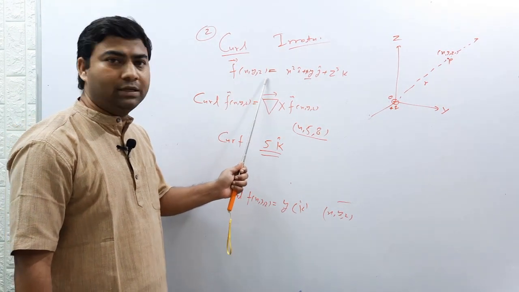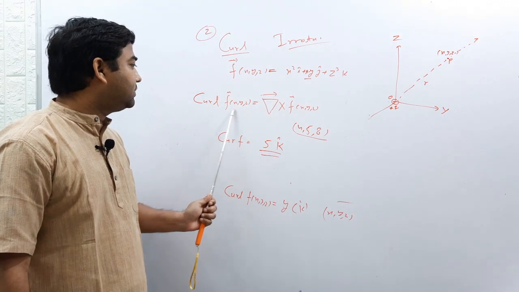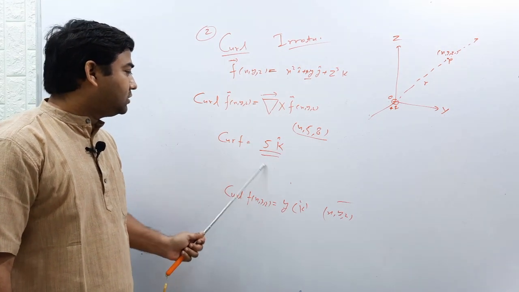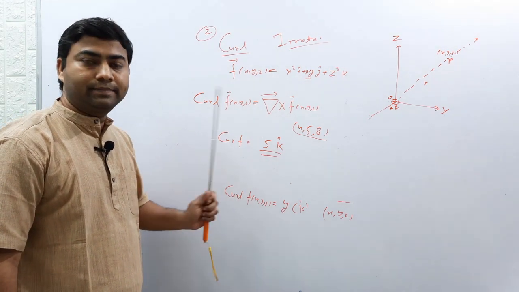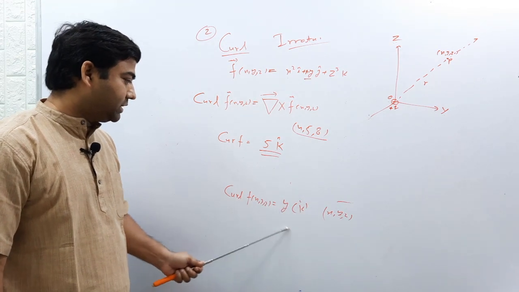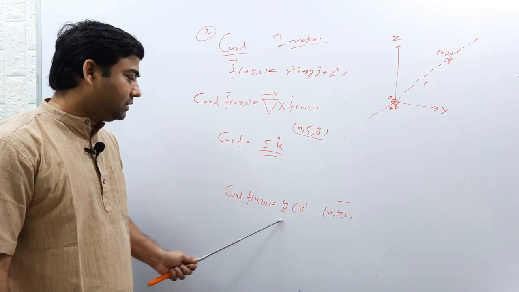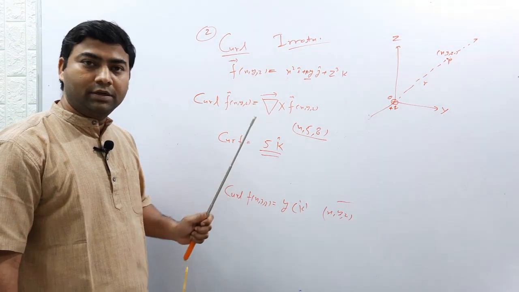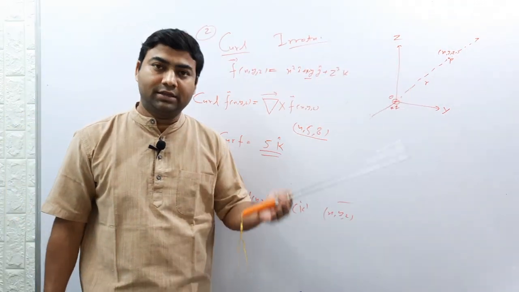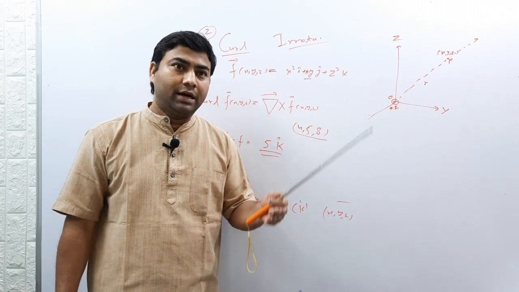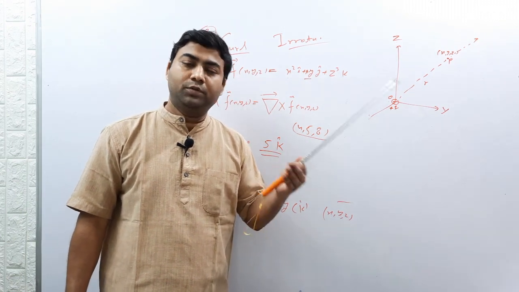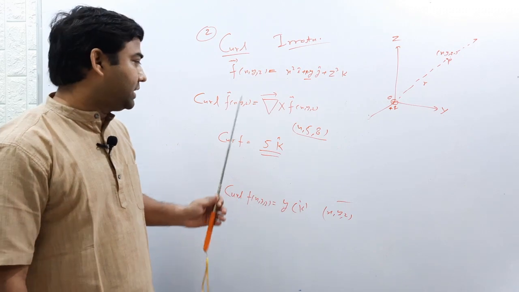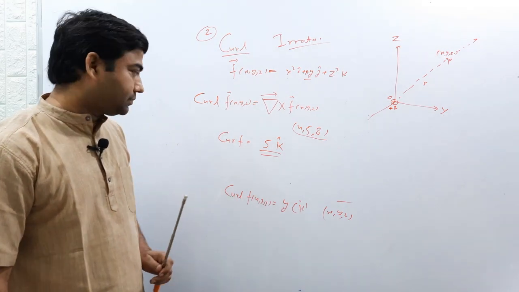This was a vector field, we found the curl of this vector field, and curl is also a vector field. It is a vector field for a general point x comma y comma z, and this is the curl for the specific point 4, 5, 8. So curl is a vector, unlike divergence, which is a pure number because it was a dot product.